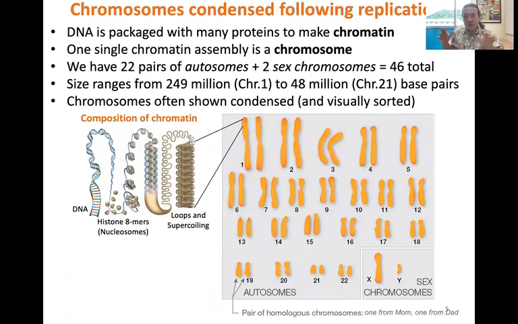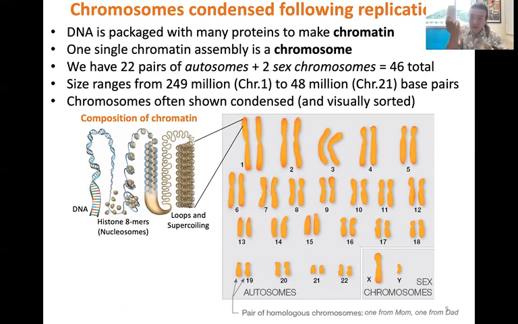All right. So remember, chromosomes are condensed as part of replicating. This is just a review slide. The DNA is packed up very tightly to make chromatin. Chromatin is the DNA organized in such a way to make a long strand of DNA much more compact, so it's easier to manage. So now I can carry this around in my pocket.